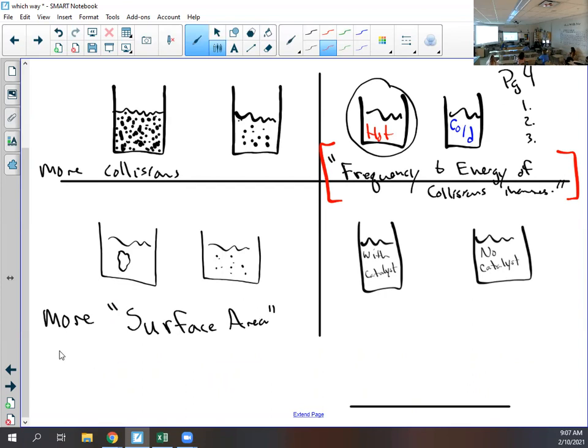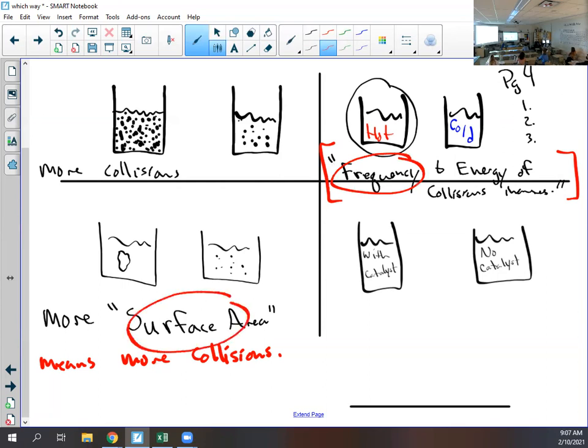More surface area means more collisions. More surface area, there's more places for the reactants to collide. So on your exam, look for these keywords: frequency and surface area. That will give you 2/3 of the answer.